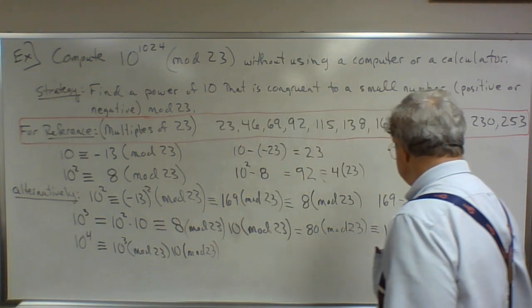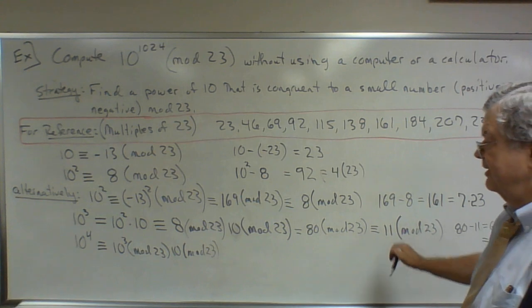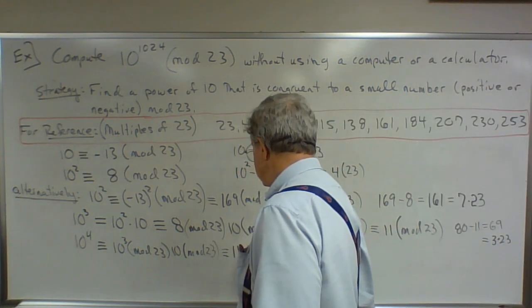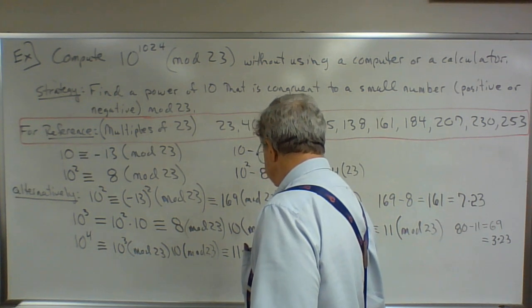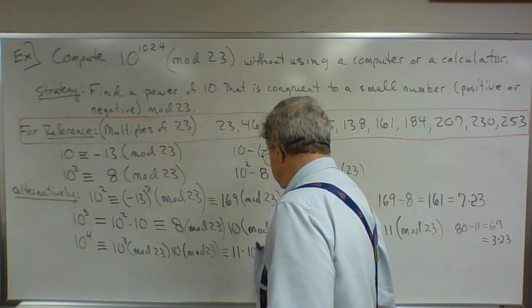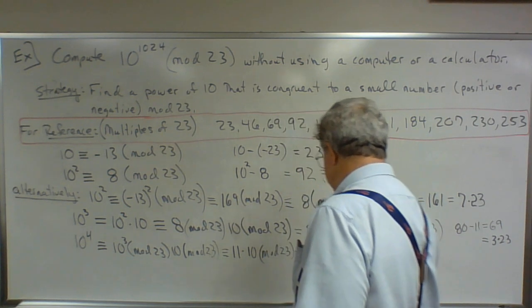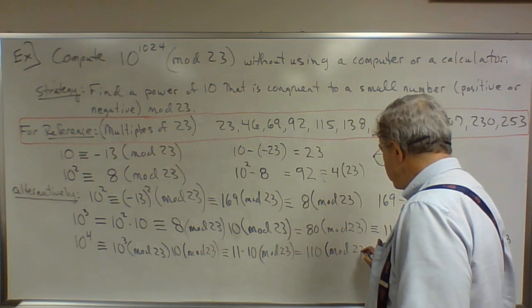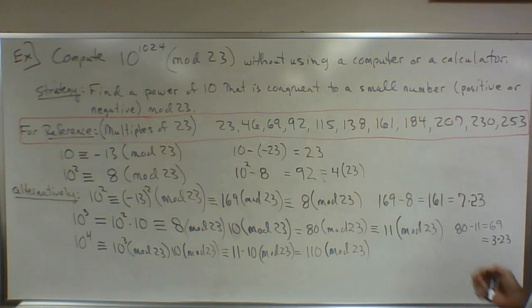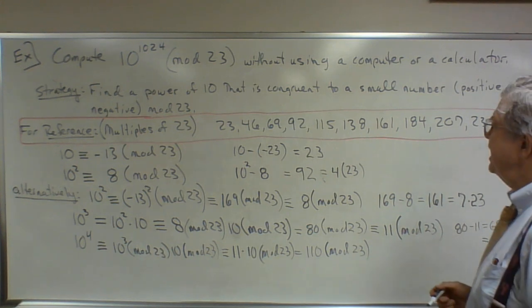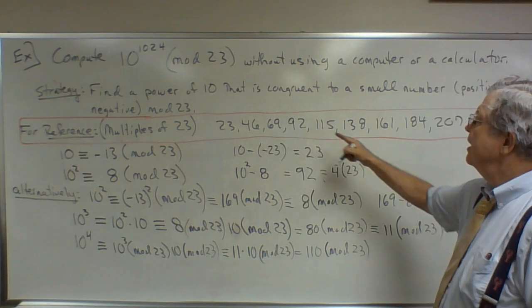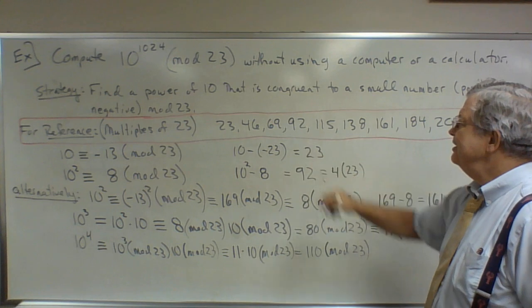And 10 cubed we found out was congruent to 11, and that's 110 mod 23. 110 is 18 greater than 92.